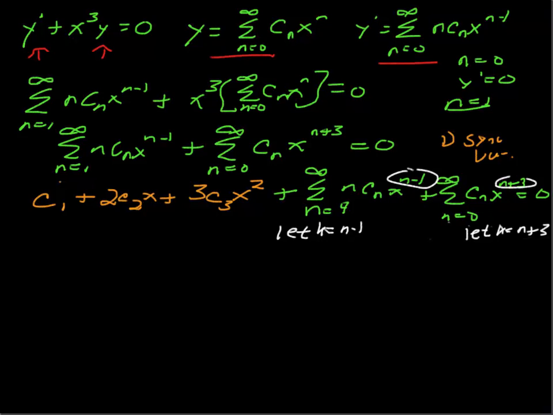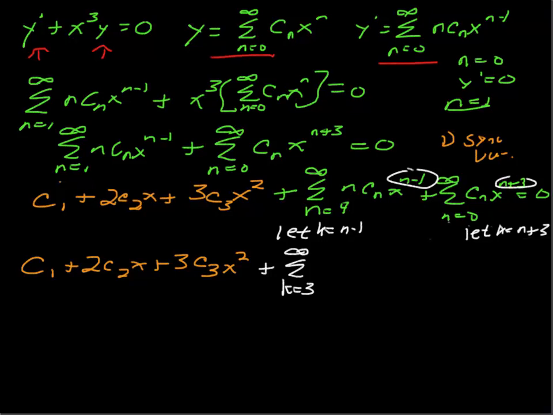And now you'll see that we have c1 plus 2c2x plus 3c3x squared plus, now we have the sum from, if n starts at 4, when you put 4 in here, 4 minus 1 is 3, so that means k is equal to 3 to infinity. Now what is n?